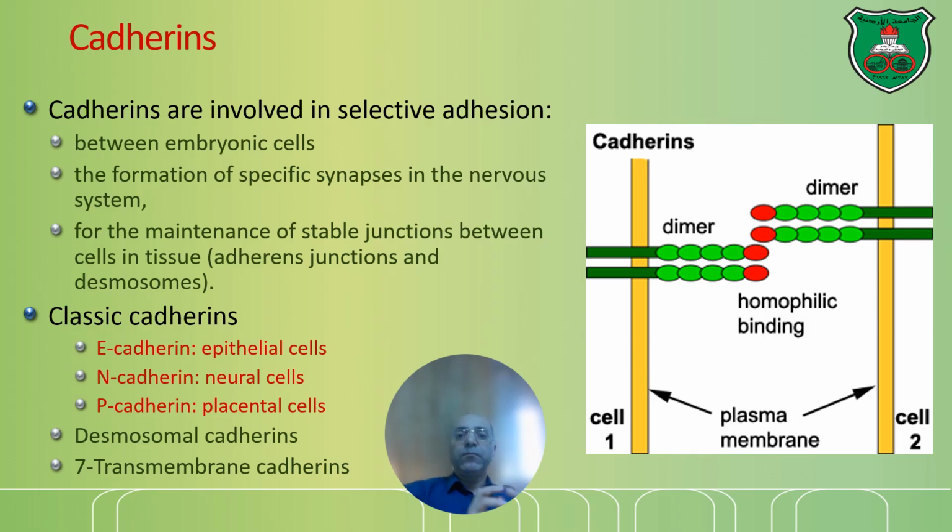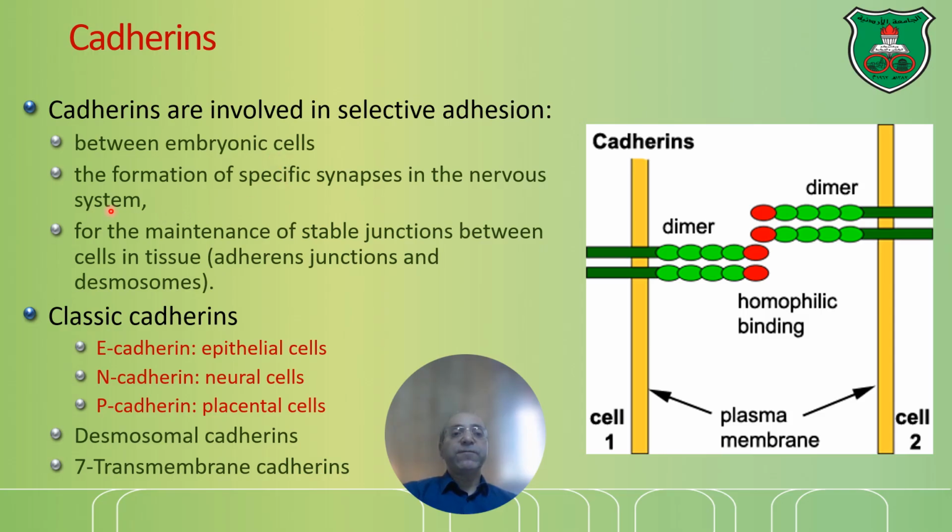Cadherins form homophilic interaction with other cadherin molecules between cells. And the interactions between cadherins take place throughout development and throughout our life. So they are physiologically important. So these interactions take place between embryonic cells, and they play important roles in development and differentiation.